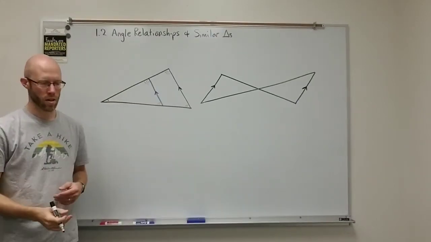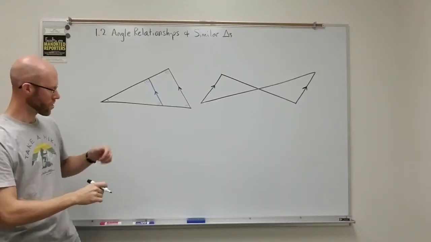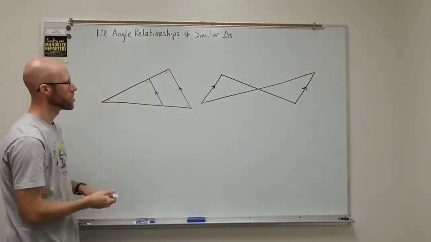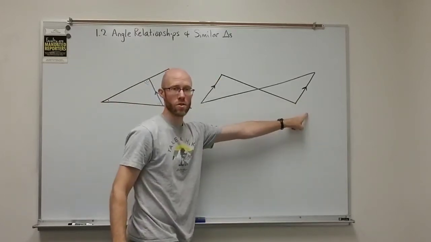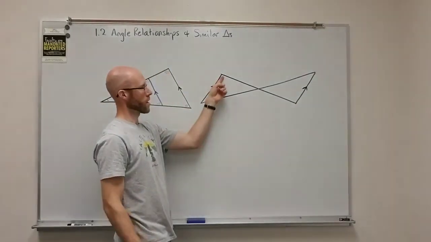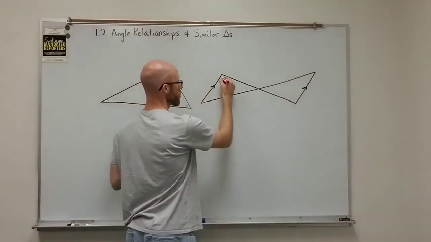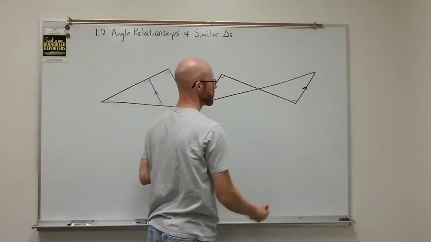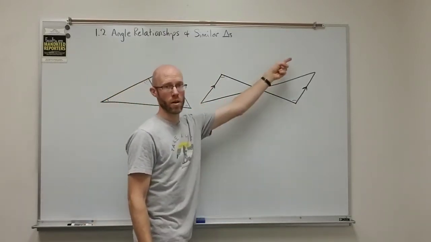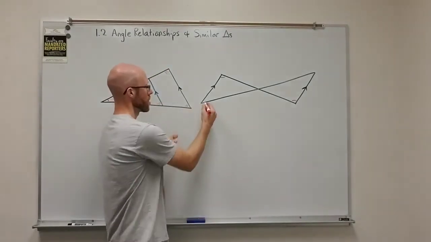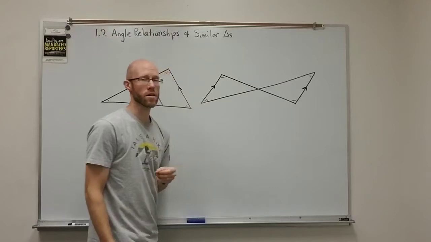And again, we can look at alternate interior angles this time, right? So we have two parallel lines cut by a transversal. Angle on the top left, angle on the bottom right are alternate interior angles. And so they've got to be congruent. Same thing here: a transversal going up to the right, and so you have alternate interior angles on the bottom left and upper right.